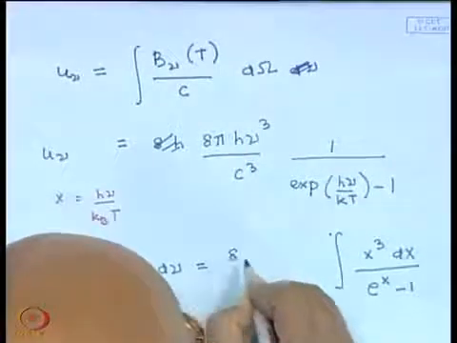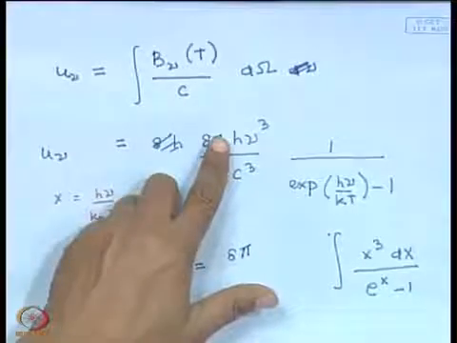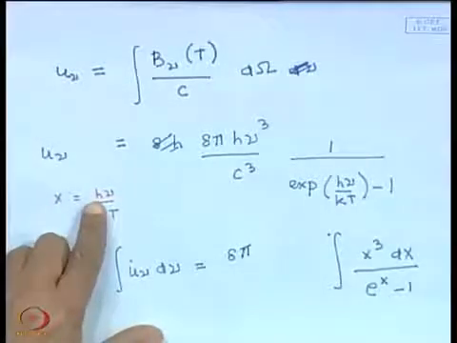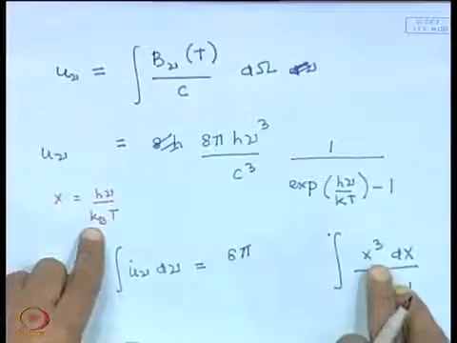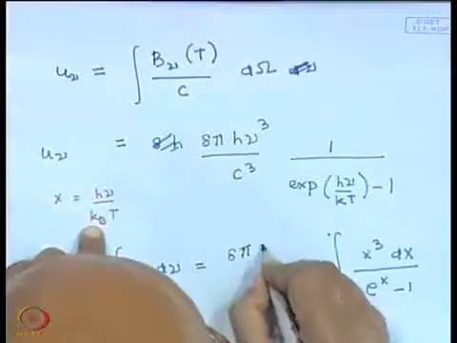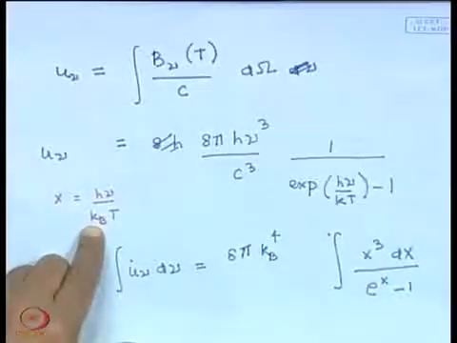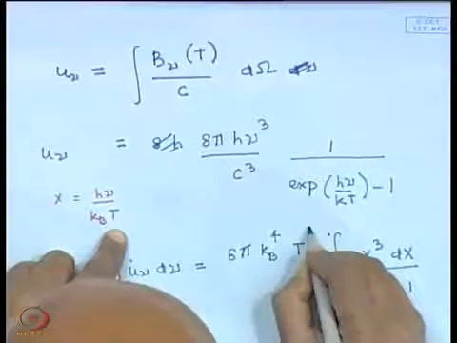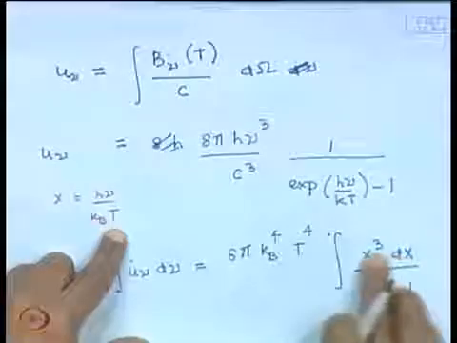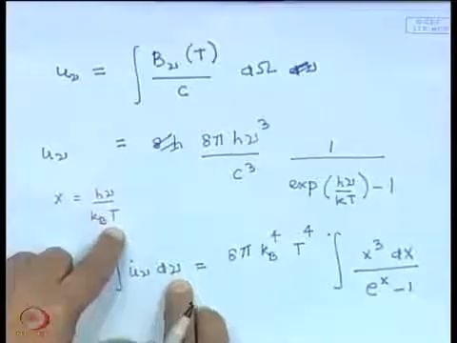I have 8 pi and we shall have k_B to the power 4 and T to the power 4, because we had nu cube and d nu over here and I want to convert them into x.